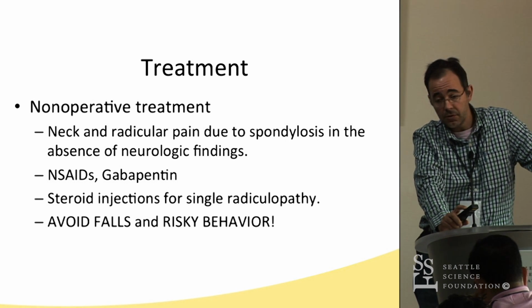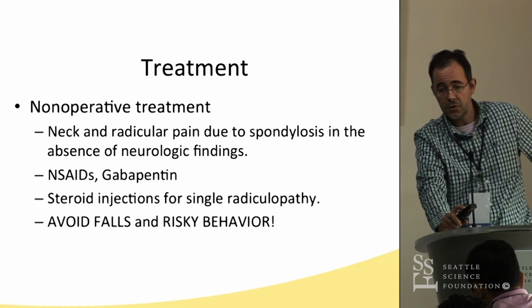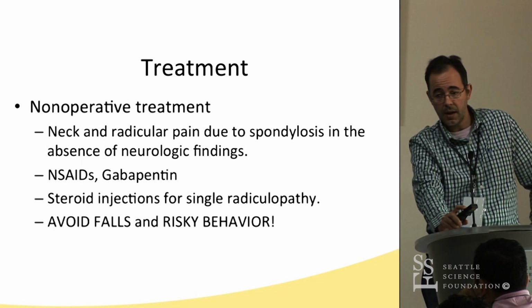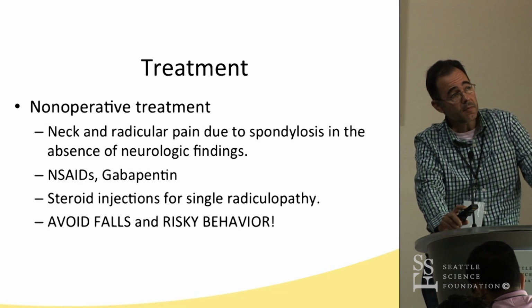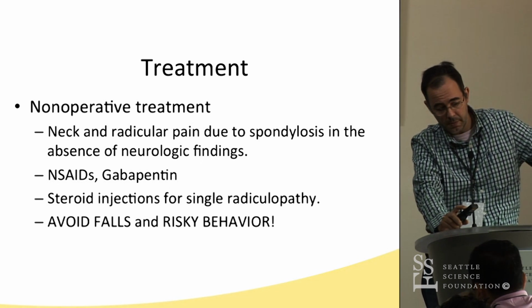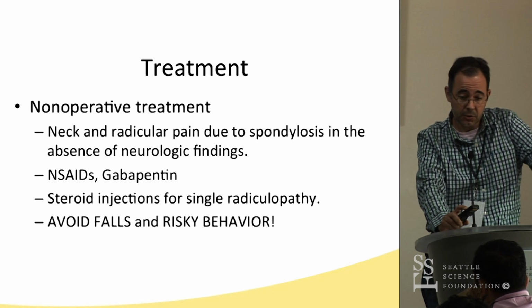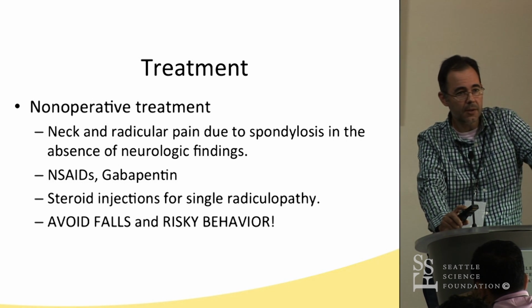Most cases are not even approved in the insurance company world unless non-operative treatment has been attempted. So that's another reason. Obviously, if there's impending weakness and neurological deterioration, then non-operative treatment should not be considered.